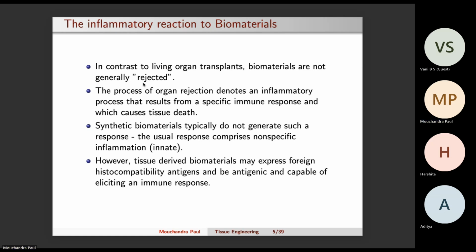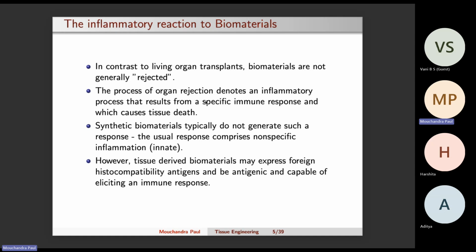So the biomaterials usually elicit an innate immune response, which is non-specific in nature. All right. In organ rejection, our body elicits a specific immune response where antibodies, etc., get produced in a very planned way, a delayed but very planned immune response, which ultimately causes the death of the foreign tissue.